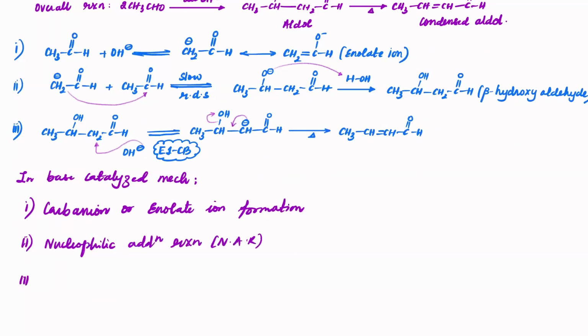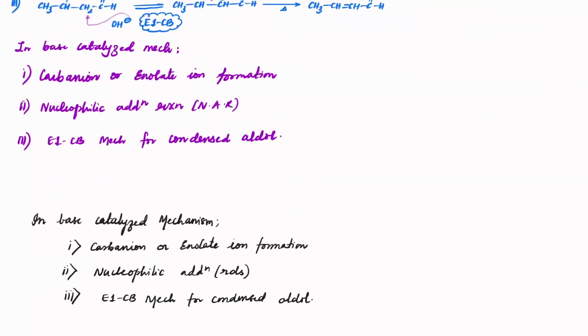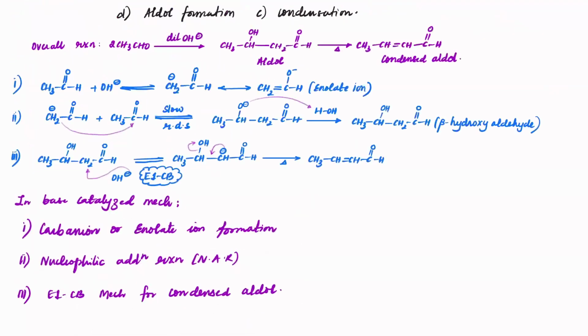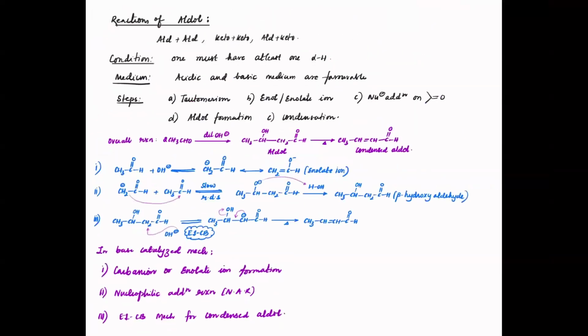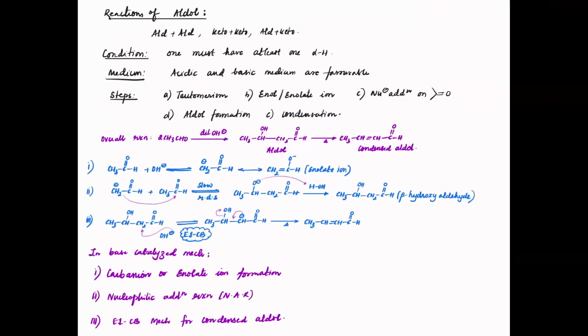Third, we will have the E1CB mechanism observed for condensed aldol. So these are the three essential features. Quickly go through it once, everybody. If you understand the mechanism, then it becomes easy to solve the questions.